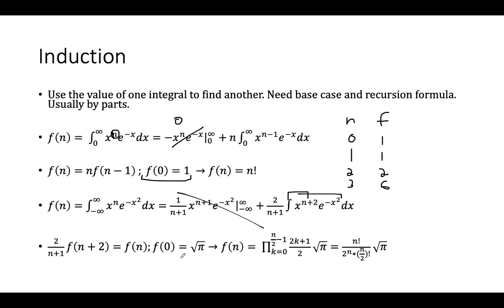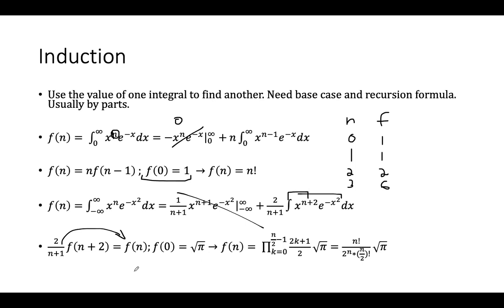So what's happening here? If I move this over here, you'll have n plus 1 in the numerator, 2 in the denominator. Every time you increase n by 2, you have to multiply by the odd number in between n and n plus 2.